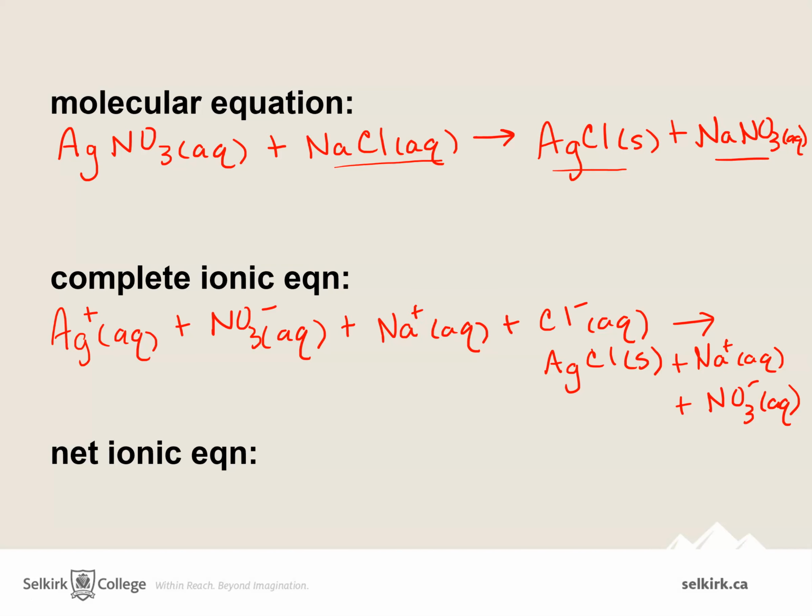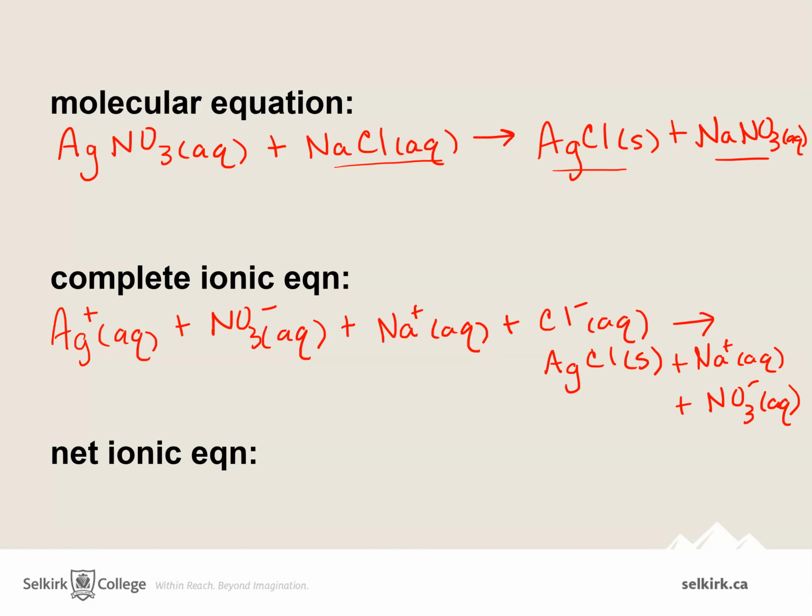The next equation is called the net ionic equation. And I think you know what net means. If you get a paycheck, you know the difference between your gross pay and your net pay. The net is what's left over when we get rid of everything that doesn't matter. The fancy name for what doesn't matter here is spectator ions. You'll see in the complete ionic equation that some ions are exactly the same on the reactant side and the product side.